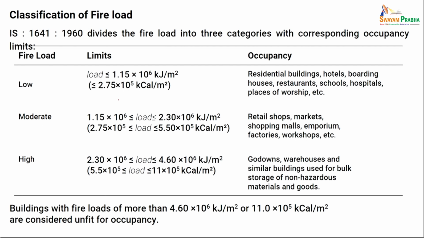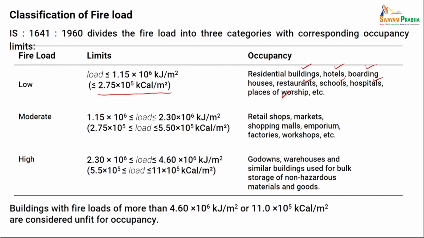So, if it is anything up to 2.75 into 10 to the power 5 kilocalories per meter square, it is low. And which of the properties come under that? Residential building, hotel, boarding houses, restaurants, schools, hospitals, places of worship like temples, mosques, churches.